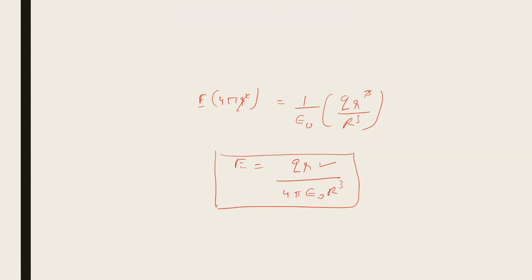The result is Q r divided by 4 pi epsilon naught R cubed.